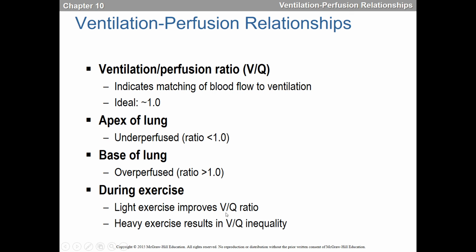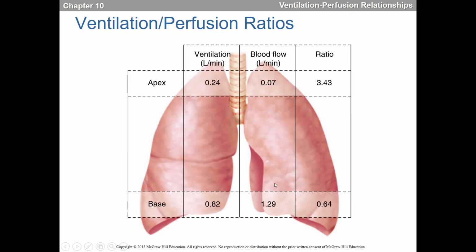Now, during exercise, it certainly improves this relationship, meaning getting it overall to approximately 1, so we get more blood flow to the apex and more ventilation in terms of a ratio to the base. Now, in heavy exercise, there is still the inequality there.